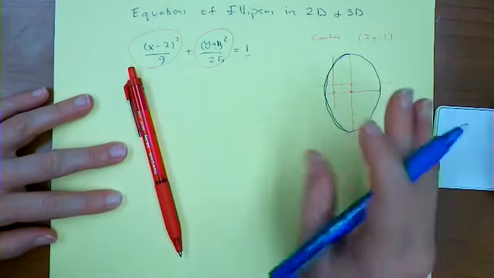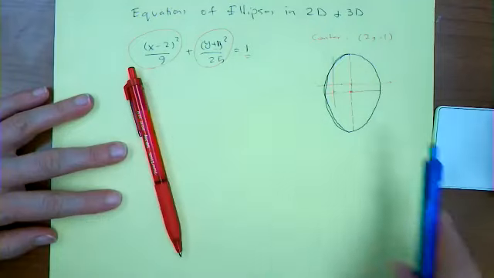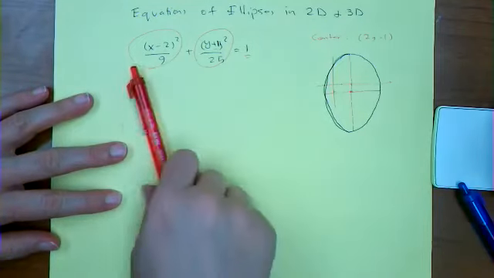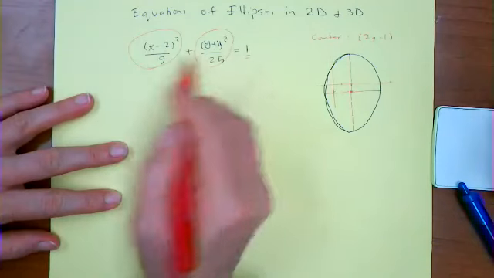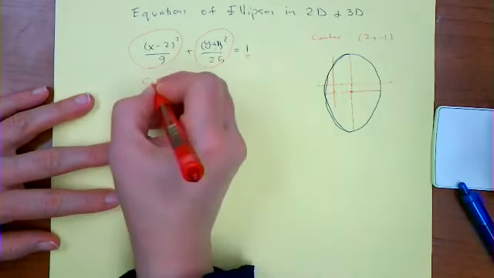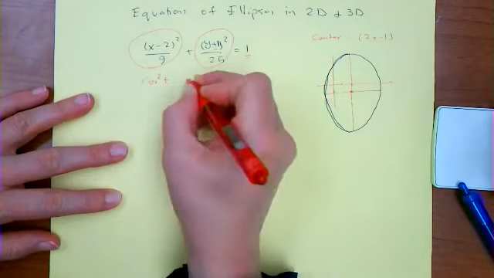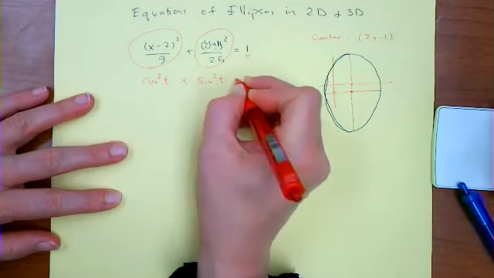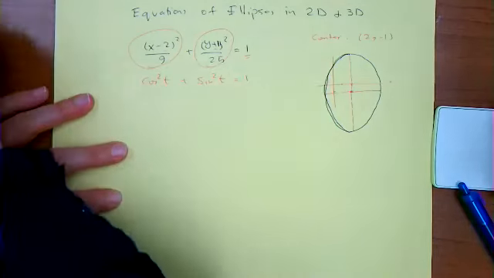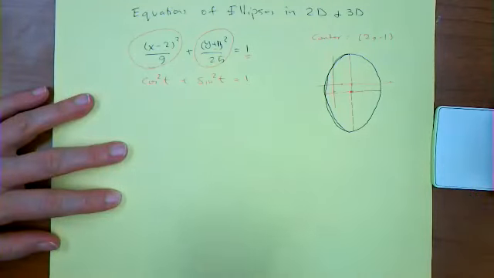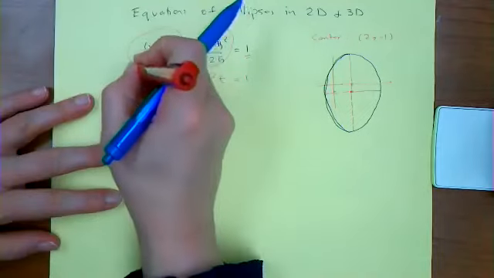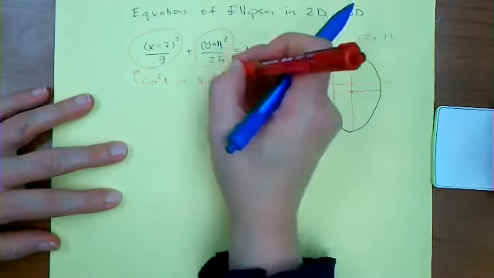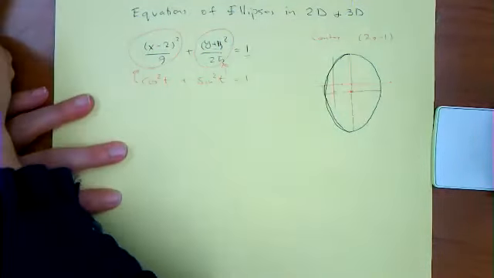Now, when I'm trying to parameterize this equation in 2D, it's always a complete square plus a complete square equal to 1, which always reminds me of cosine squared t plus sine squared t equal to 1. So this is going to be cosine squared t, and this is going to be sine squared t.